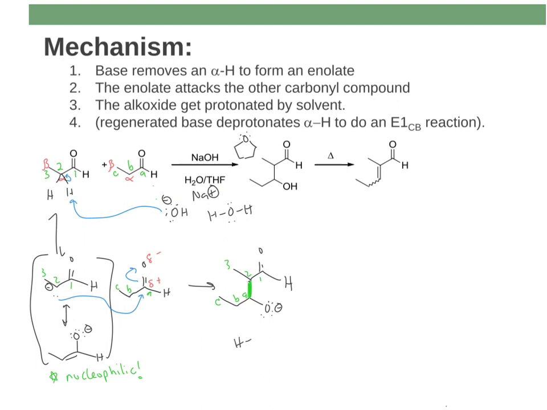We either just have water because we added it, or we made it when we did that first step where my hydroxide took off the alpha hydrogen. And this is that third step that I was saying, that your alkoxide here is just going to deprotonate a solvent molecule. It could be water, it could be ethanol, it could be whatever product solvent is around. And that's going to give us our condensation product.